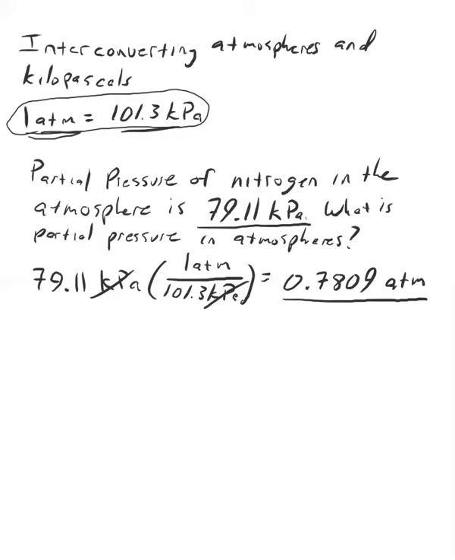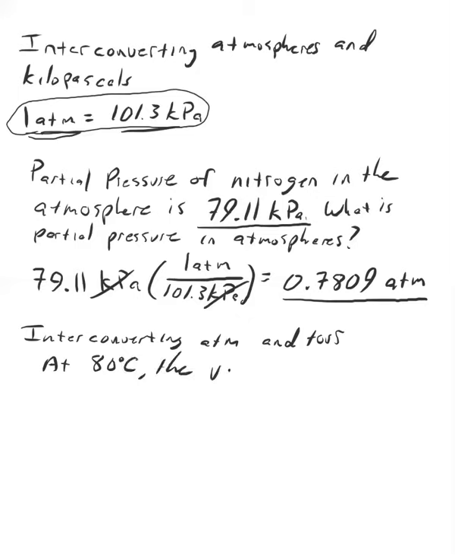All right, so let's take a look at another one. The next one is we're going to interconvert atmospheres and torr. Okay, so in this one, it says the vapor pressure of water at 80 degrees C, we don't have to worry about what vapor pressure is or partial pressure yet.